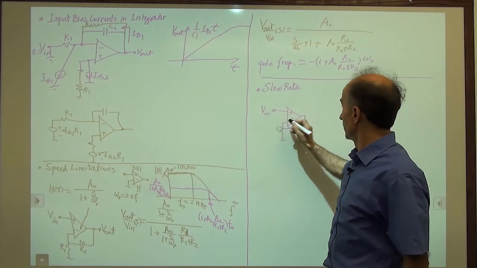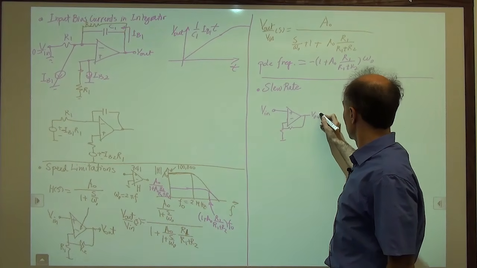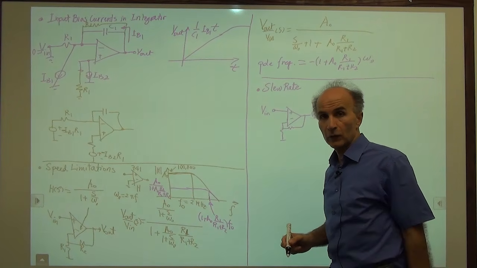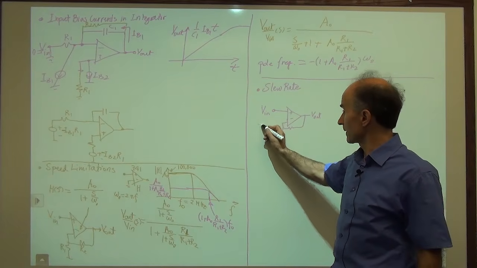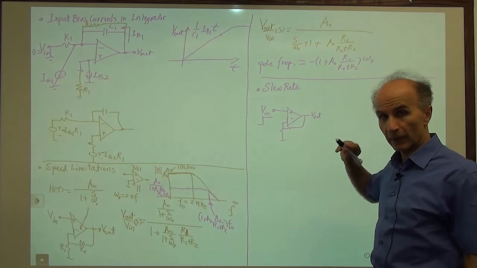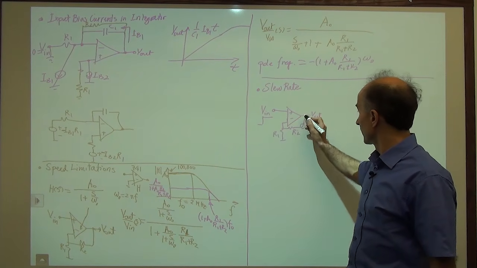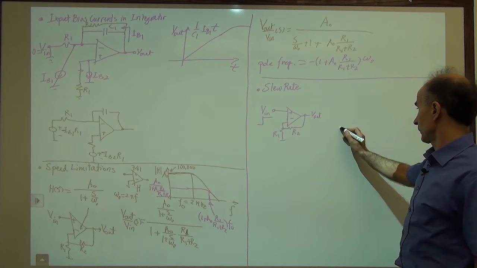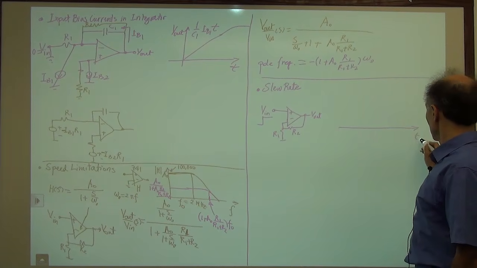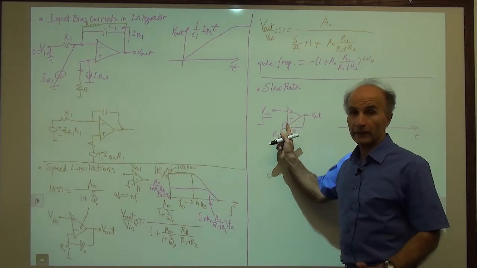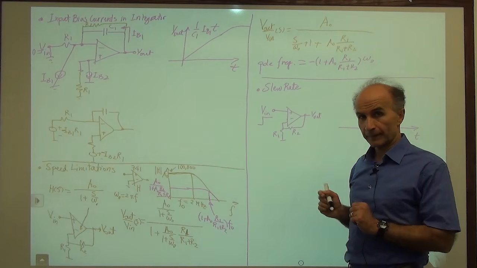V in, V out. And we come along and apply a step here. Very simple, right? You apply a step here, you should see a step here, amplified by some factor. Okay. So in the ideal case, this is what we should see.